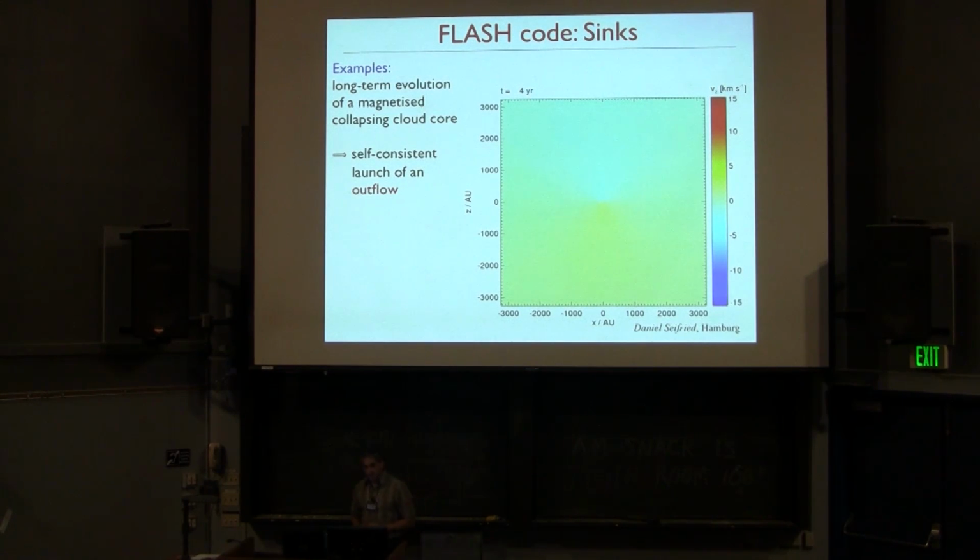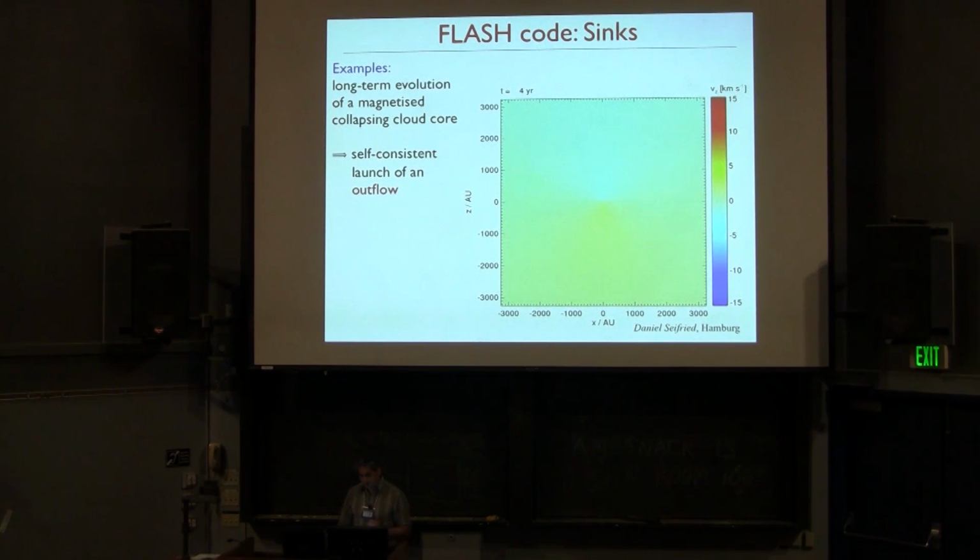So what else can we do? Yeah, there's a nice simulation by Daniel Seifried. If you implement or use sink particles, you can run your simulation for a long time and simulate, for instance, the disk evolution around a single star for quite a long time without going to higher and higher resolution, without essentially grinding your simulation to a halt.